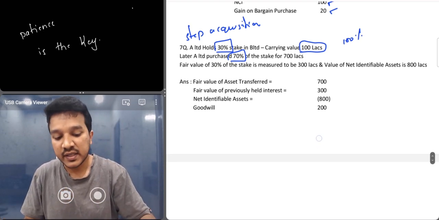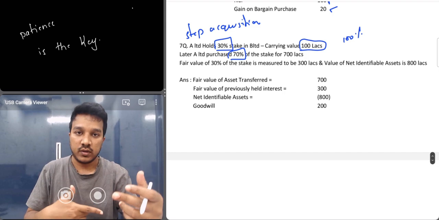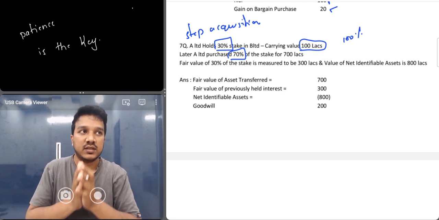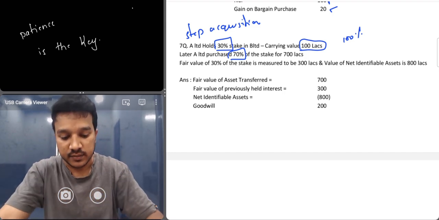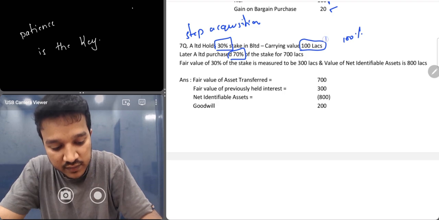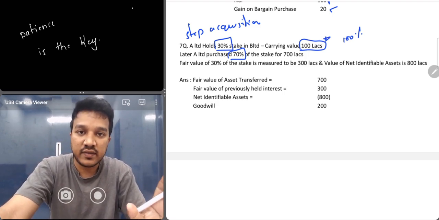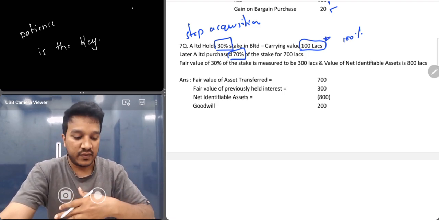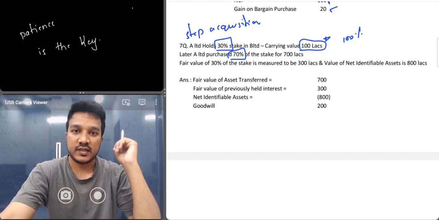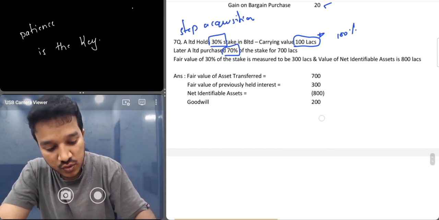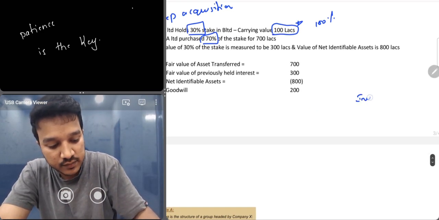Okay, so whenever you gain control of the subsidiary, then there is a change in accounting process. Let's understand. ठीक है, earlier, I was having this 30% carrying value as 100 lakhs. So whenever you have control, you have to de-recognize that first. ठीक है, investment जो है you will credit 100 lakhs.